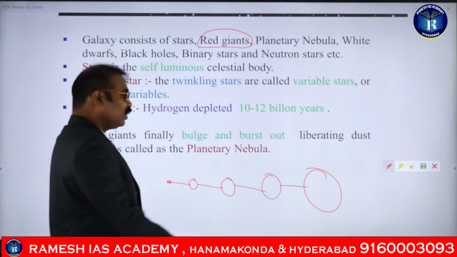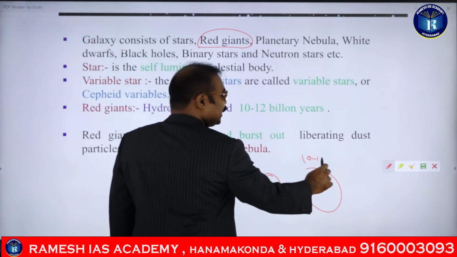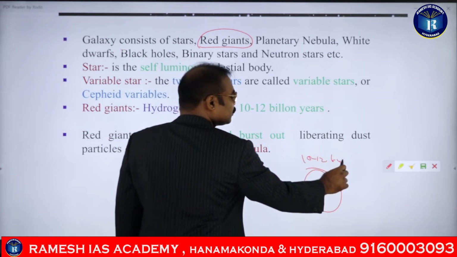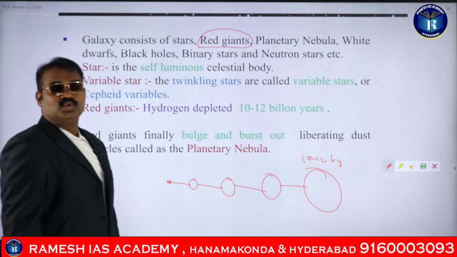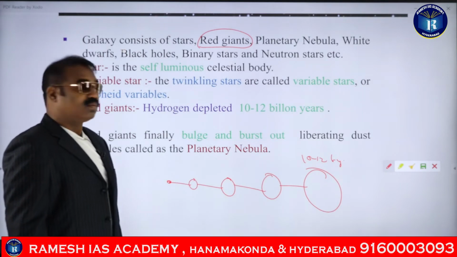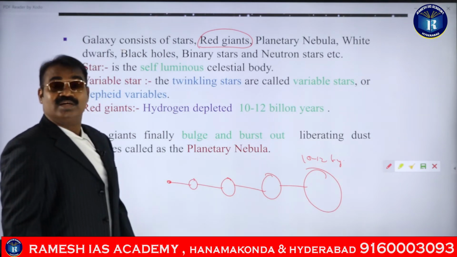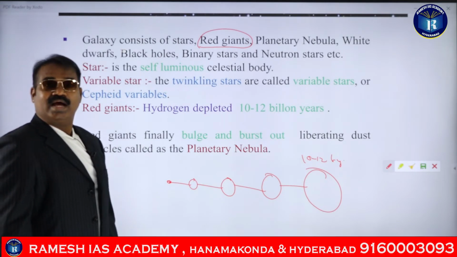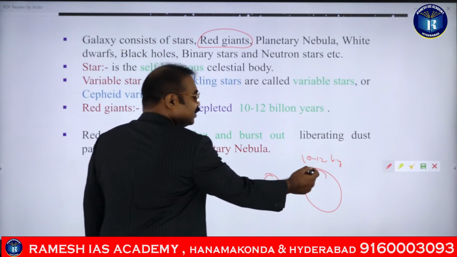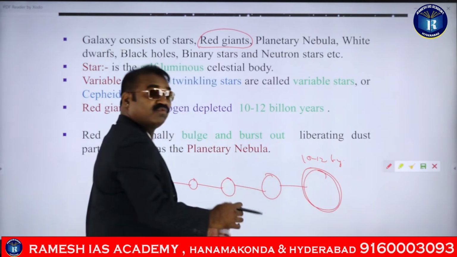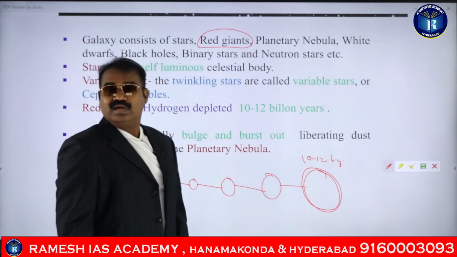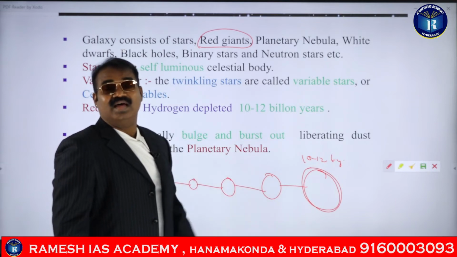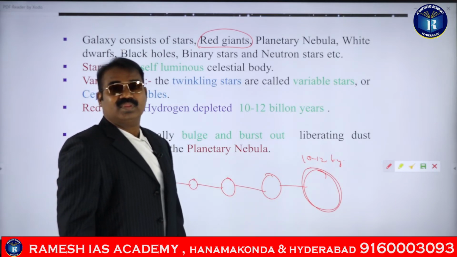Within 10 to 12 billion years, the hydrogen gets completely depleted. When the hydrogen gets depleted, the size gets fully blown out, guys, and that is the reason they are called red giants.